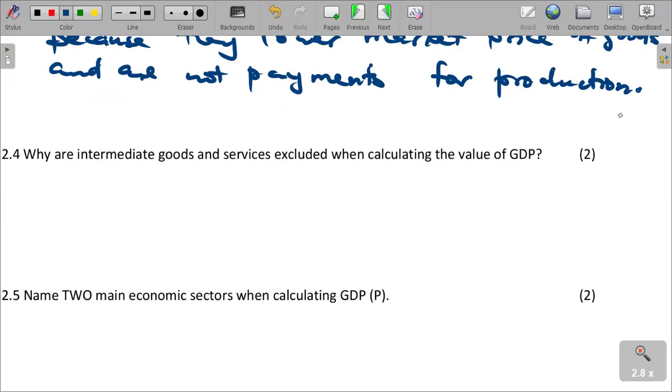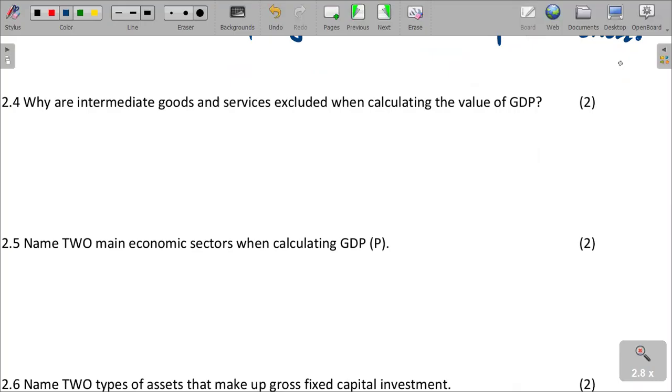And then number 2.4, why are intermediate goods and services excluded when calculating the value of gross domestic product? This comes back to the same question that we have answered before, a method that can cause double counting.